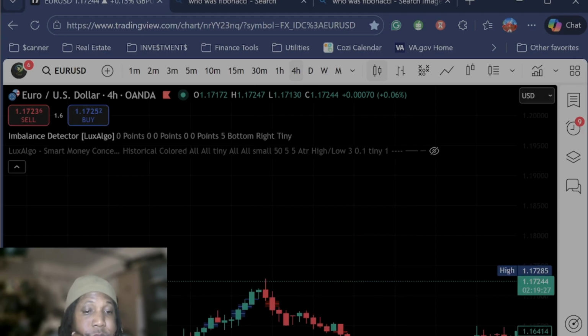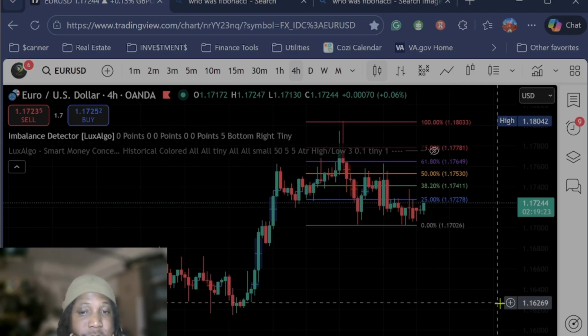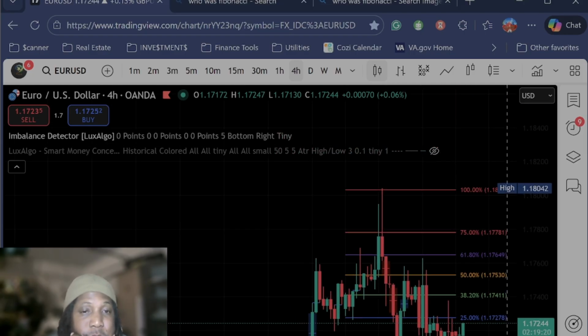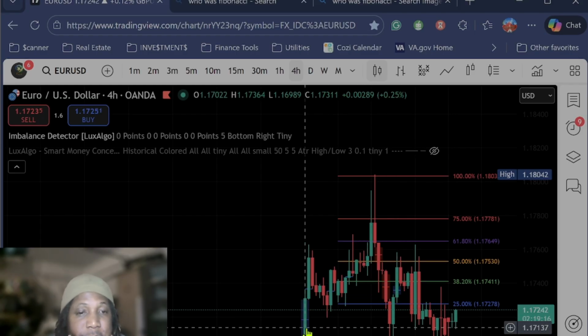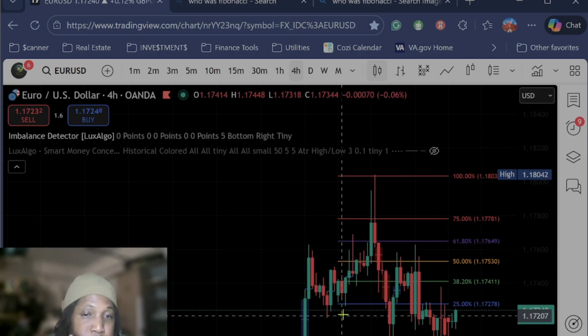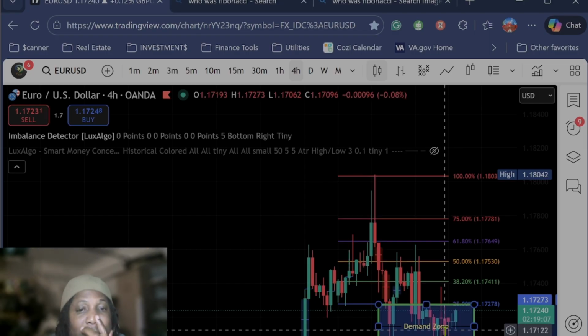I just want to show you the demand zone, stand true. Supply zone, stand true. So I told you 0 to 25% is demand zone, right? Yeah, demand zone. So if we had known that since last week, right?